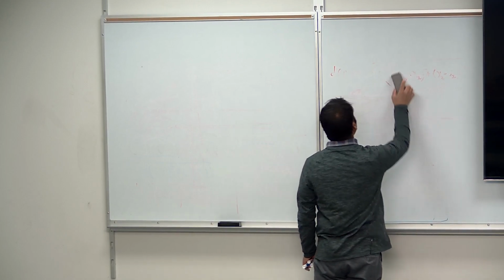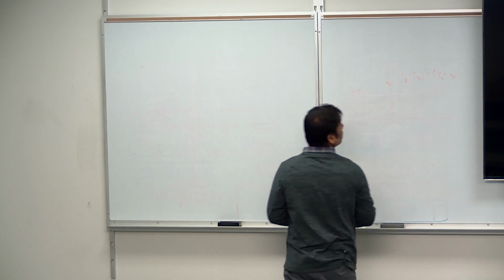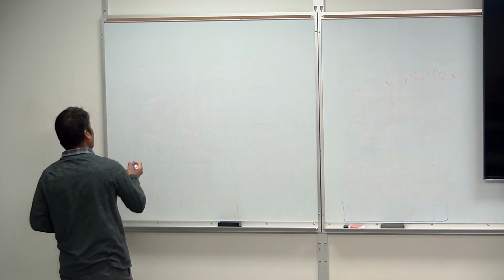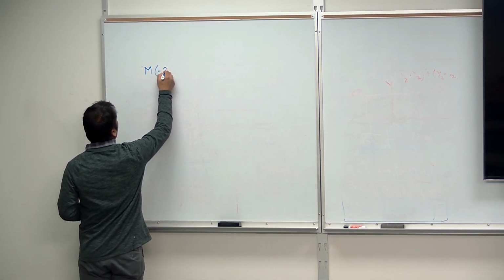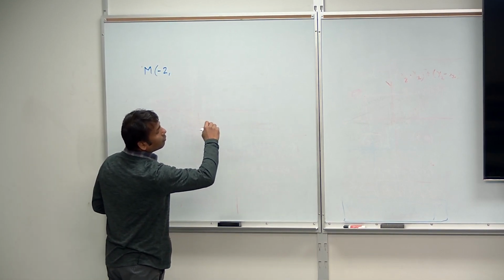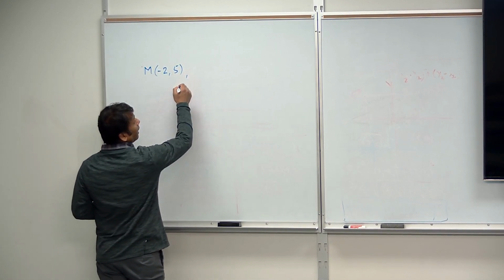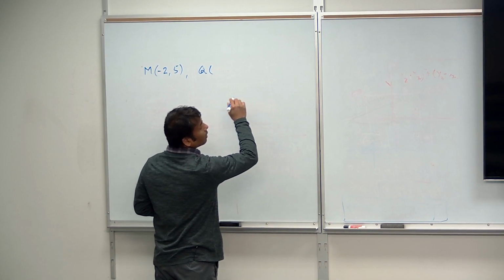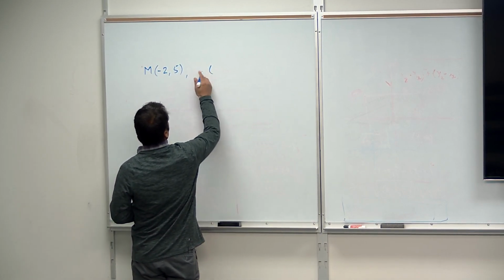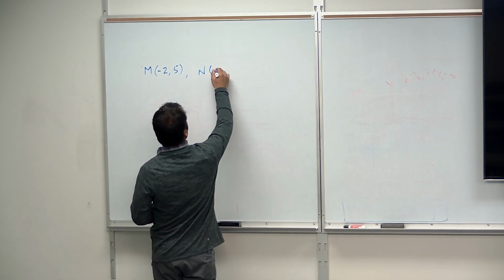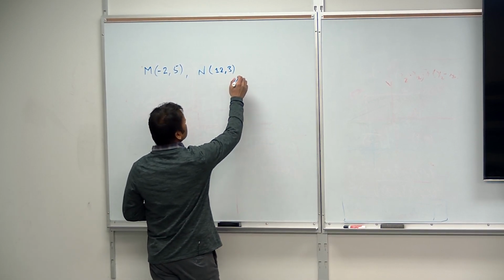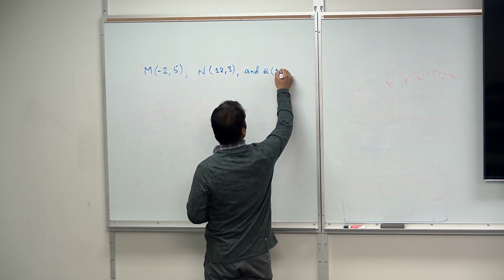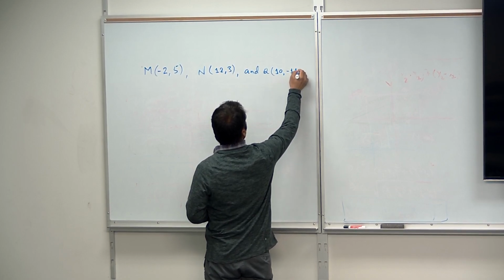So you just find the distance. Determine whether the points M (-2, 5) and N (12, 3), we have a point M (-2, 5), and we have a Q. So Q is (10, -11). You have an N, which is (12, 3), and you have a Q. So the Q is (10, -11).